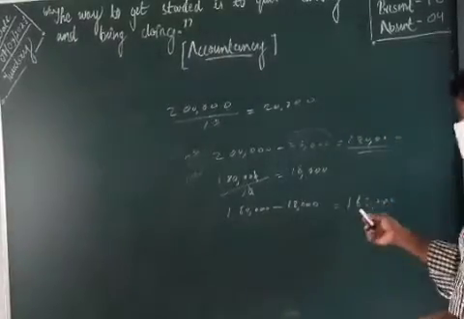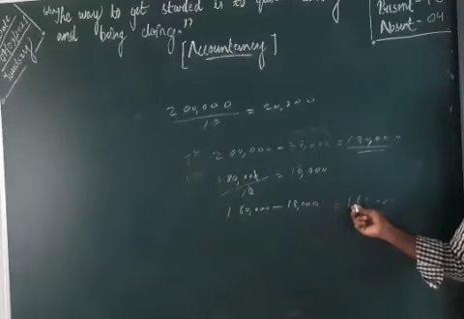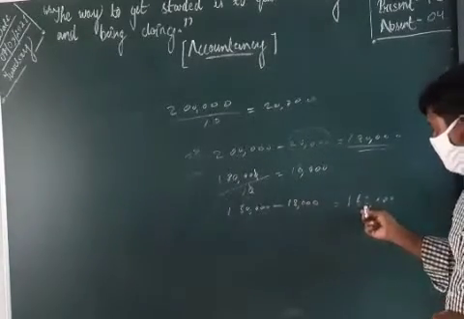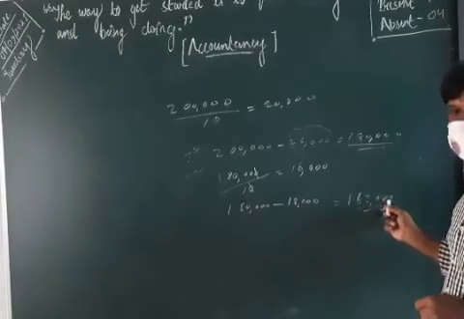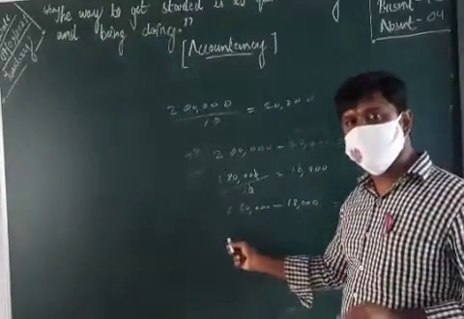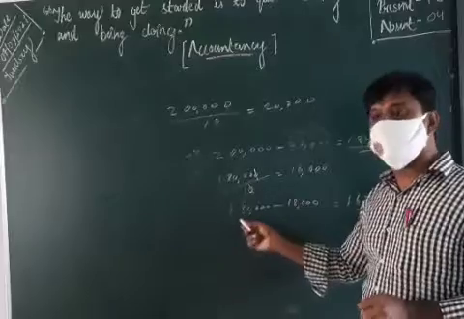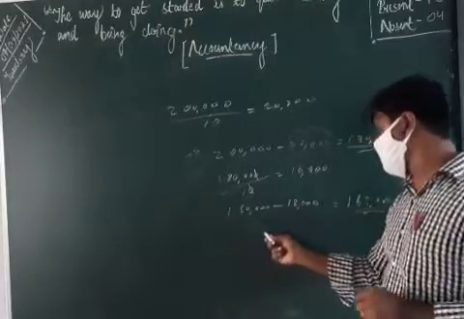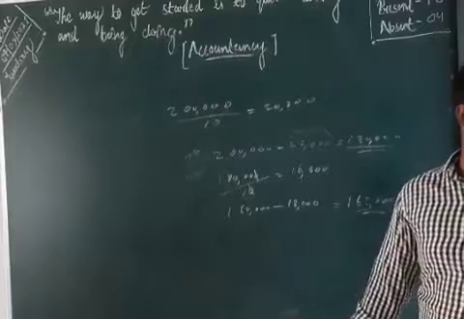At the end of the second year we get the amount like this, and in the third year beginning we show the asset value as 1,62,000. At the end of the third year, we take 10% of 1,62,000 to find the depreciation.